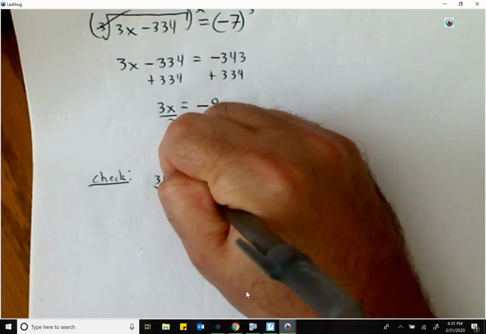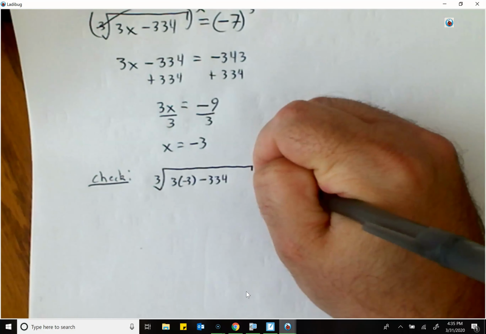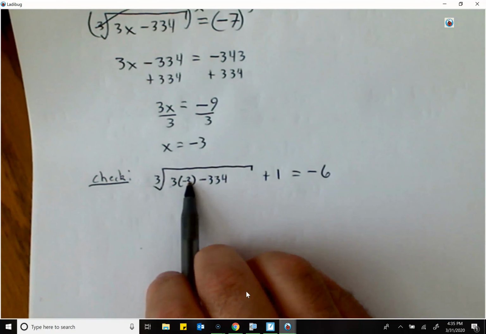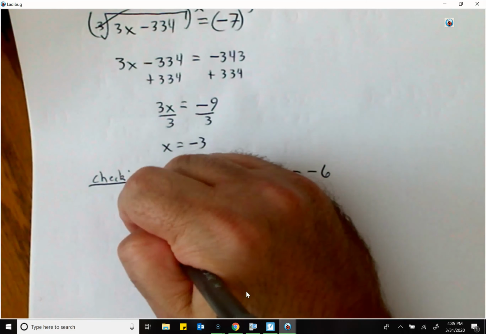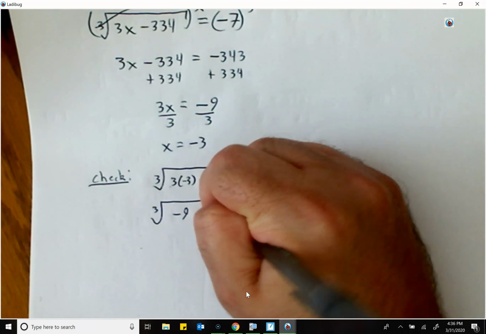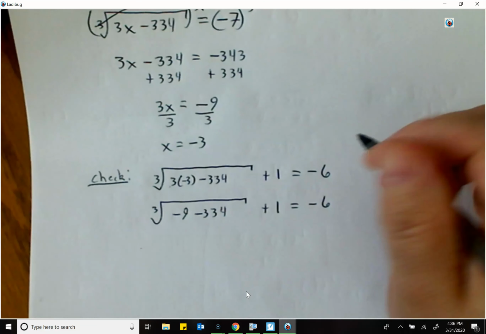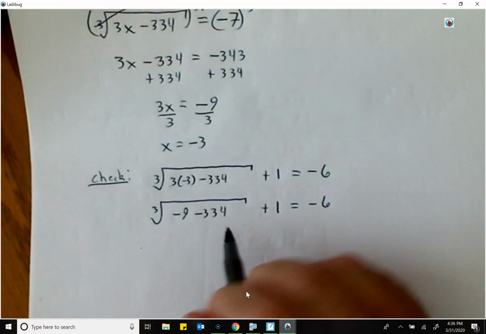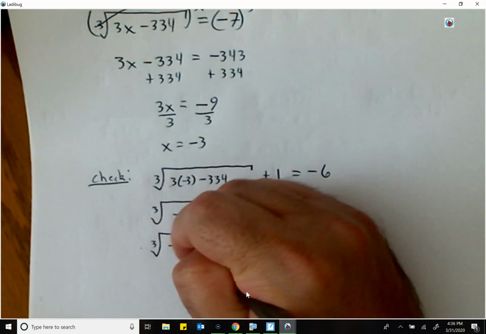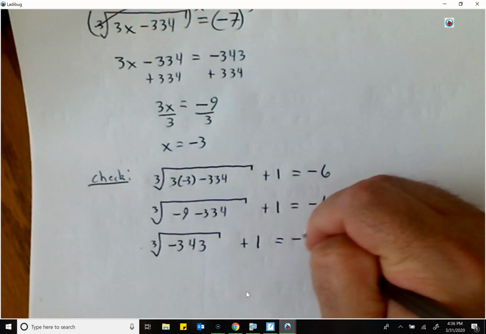So we got 3 times -3 minus 334 plus 1 equal to -6. 3 times -3, that gives us -9 minus 334 plus 1 equal to -6. -9 minus 334 gives us the cube root of -343 plus 1 equal to -6.